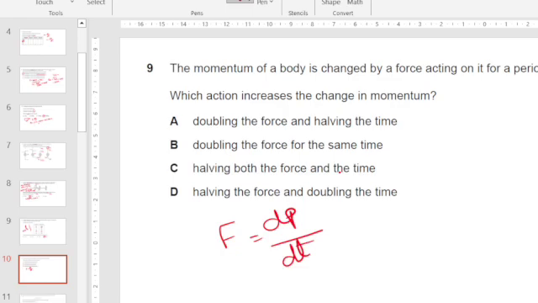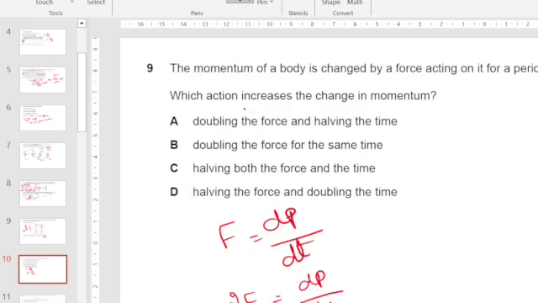So according to that, if you see option A, doubling the force and halving the time. If the force is doubled and the time is halved, then what happens to the change in momentum?